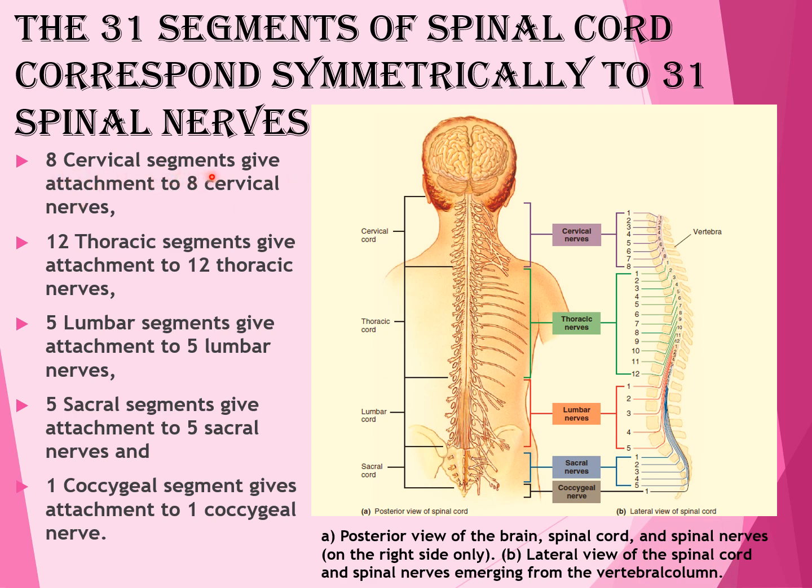There are 8 cervical segments that give attachment to 8 cervical nerves, 12 thoracic segments that give attachment to 12 thoracic nerves, 5 lumbar segments that give attachment to 5 lumbar nerves, 5 sacral segments that give attachment to 5 sacral nerves, and 1 coccygeal segment that gives attachment to 1 coccygeal nerve.